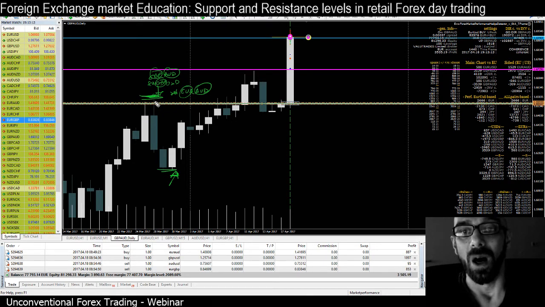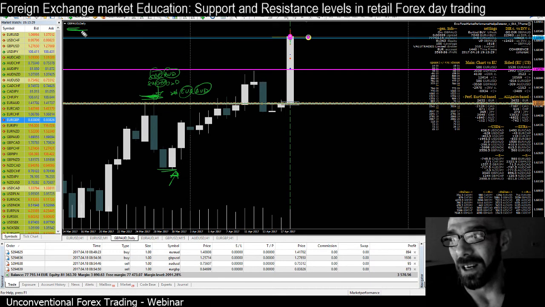So here, when price is moving at levels that we think are support and resistance, we have to understand that not only this financial instrument is affected, not all the trades are performed on GBP Australian dollar.